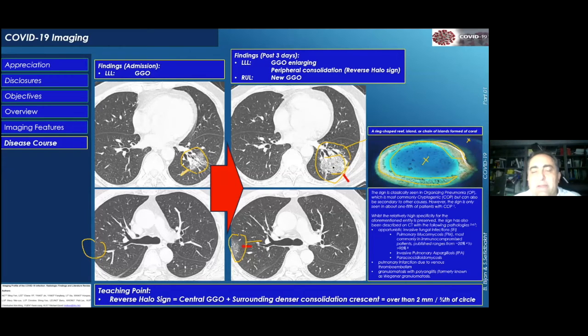Now, they say that the thickness of the consolidation should be over 2 or 3 millimeters, and it should encompass at least 2/3 to 3/4 of the circumference of the lesion. It can be completely round or it can be crescent shape. The atoll sign is one of those signs that makes the lesion typical for organizing pneumonia.